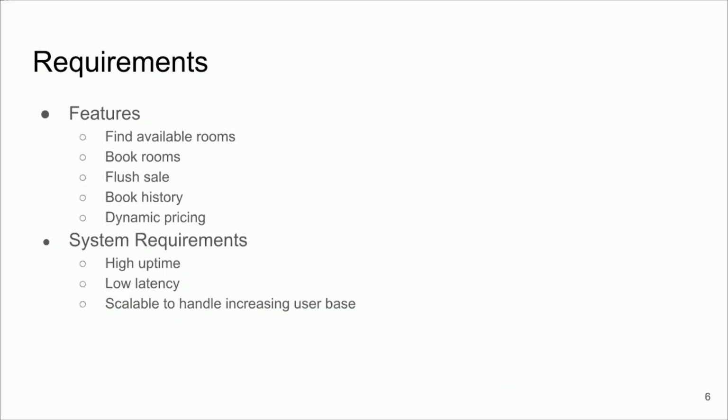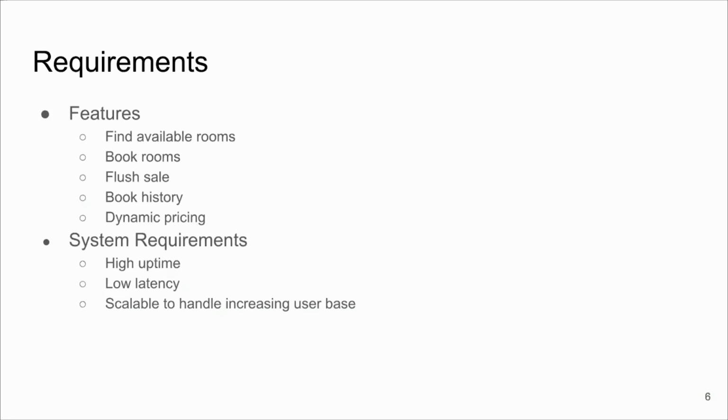But behind the scenes, the business owner of the hotel booking application wants to do a little bit more. They want to do flash sales so that they can earn money, and they also want to keep your booking history and analyze it to give you hotel recommendations so that they can earn more money.